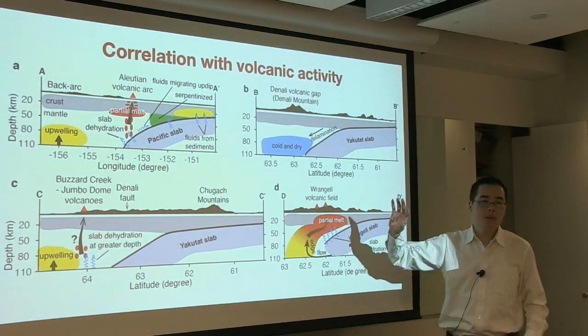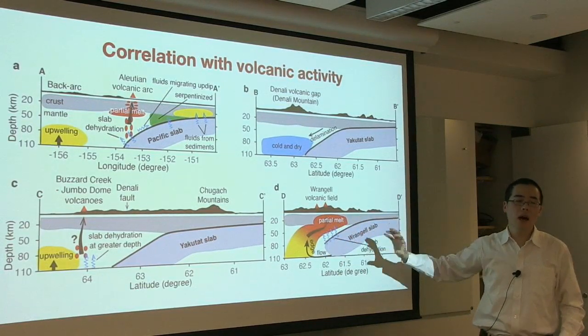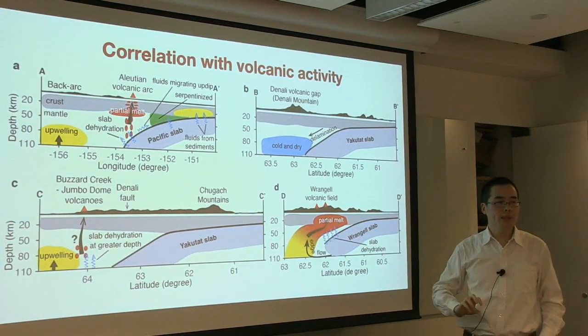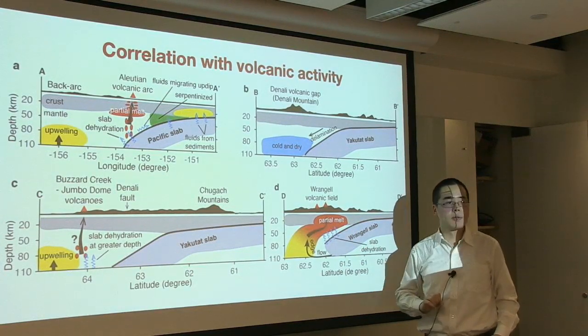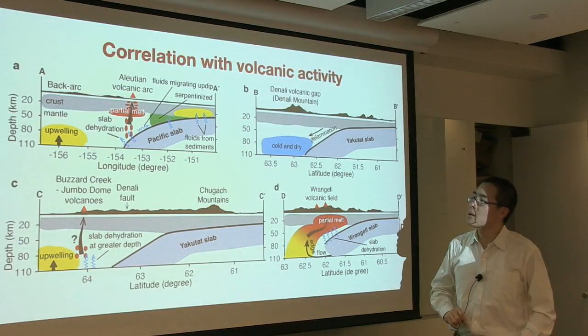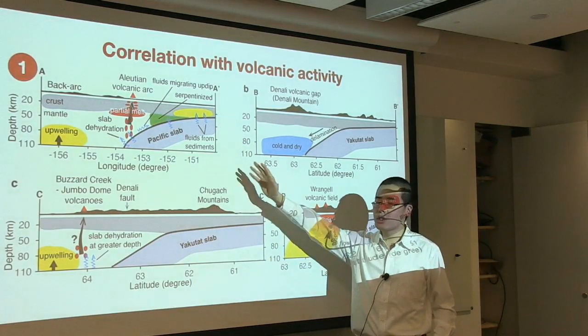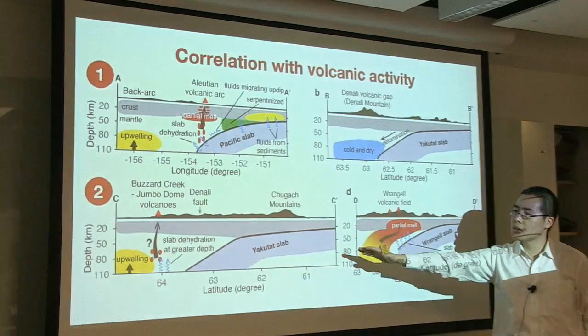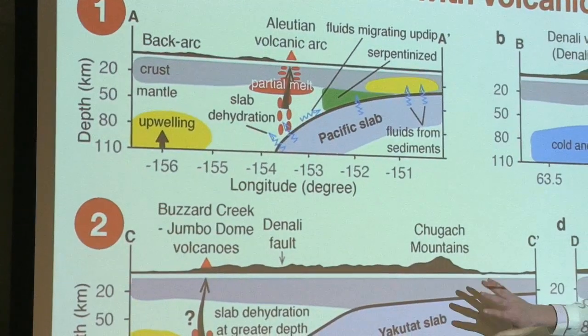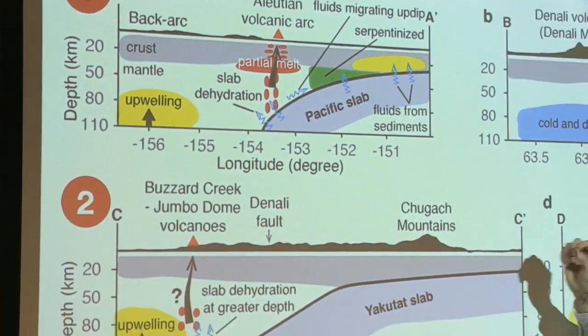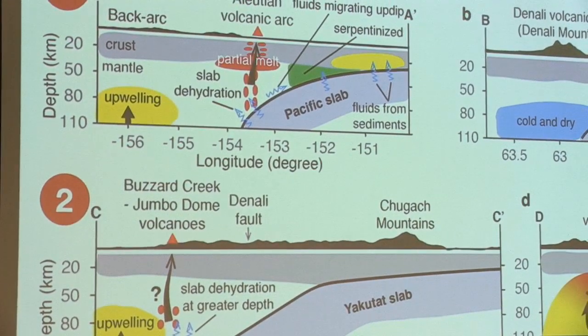We're going to go through this interpretation to see how our observations explain the change of volcanism along the margin. I'm going to start from the Aleutian arc, then go to the Buzzard Creek and Jumbo Dome volcanoes in central Alaska, and then the Wrangell volcanic field.